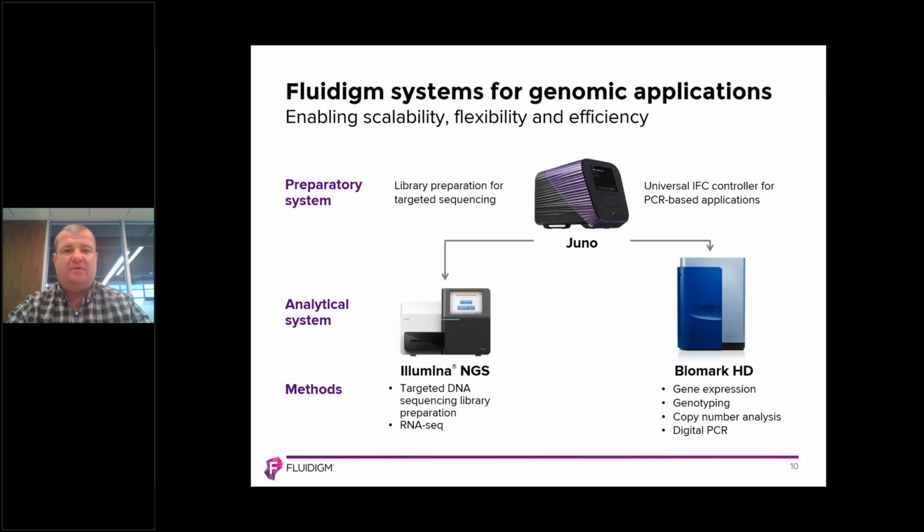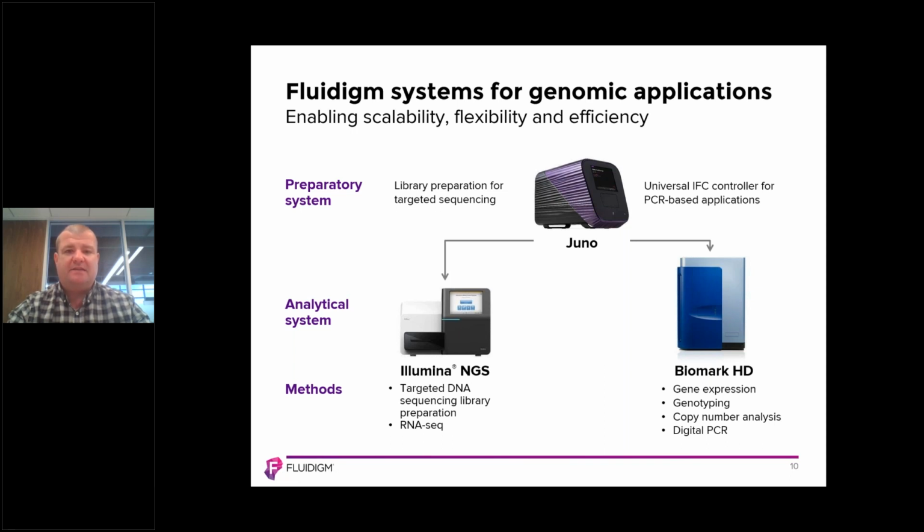So, in this example of pathogen and viral detection, the Fluidigm systems for genomic applications that you should take attention to are the Juno system and the Biomark HD system. As an aside, and as you will learn in coming weeks, the Juno system also sits up front of any Illumina next-generation sequencing platform.